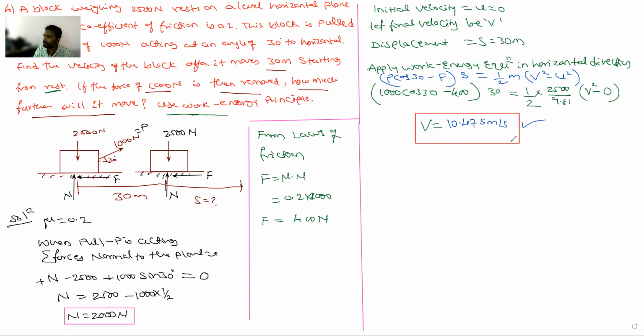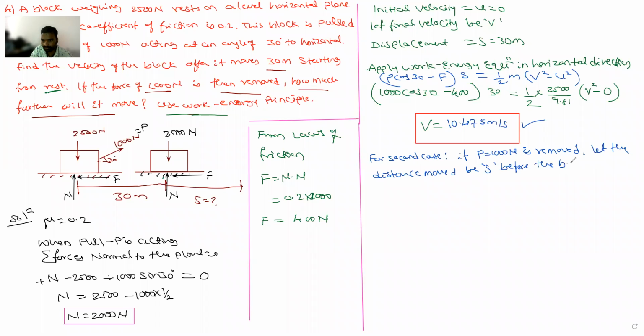No, why are you applying that one? Same work energy equation you have to apply. So for the second case, if P equal to 1000 Newton is removed, let the distance moved be S before the body comes to rest.